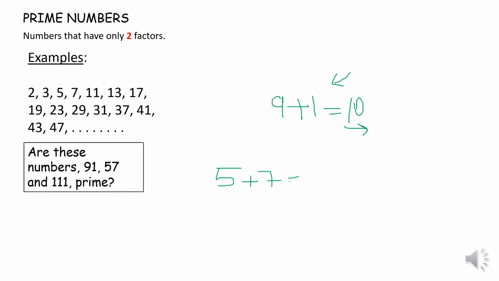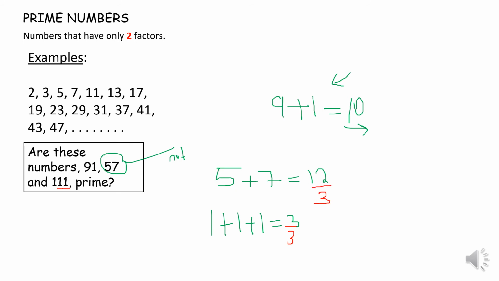So this number is not a prime number. It is a composite number. It has got more than two factors. What about 111? If you add 1 plus 1 plus 1, that gives you 3, and surely 3 can go into 3. So this number is also not a prime number, because 3 can go into it.